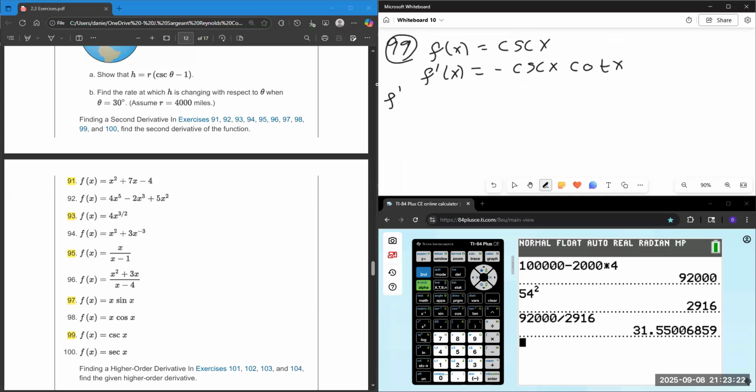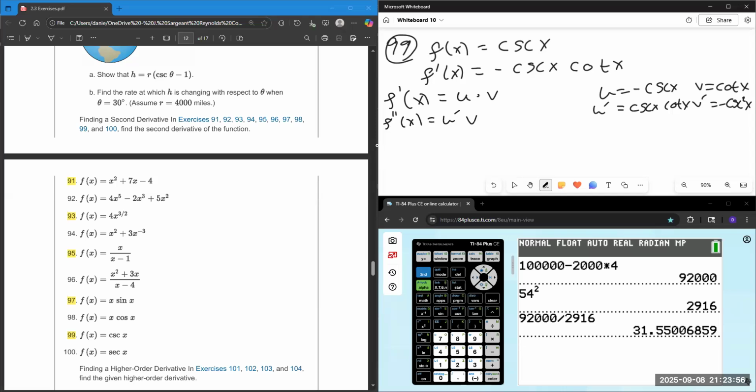So that is a u times v, where u is negative cosecant x and v is cotangent x, and u prime is negative cosecant cotangent times a negative 1, which is cosecant cotangent. v prime is negative cosecant squared.